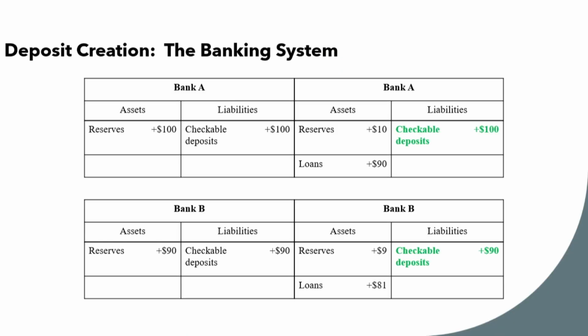So let us look at here how the banking system's liabilities and assets change using a T account. Initially you can see Bank A's reserve increased by 100 and checkable deposits increased by 100. This we already discussed. Now when it's giving a loan of 90, the asset side changes in this way: 10, that is the 10% reserved with the central bank because that is the required reserve, and the remaining 90 is the loan to an individual.